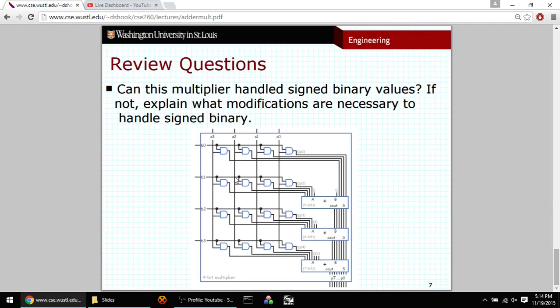Yeah. So what do we get? We get all zeros, then we get 0, 1, 0, 0, then we get 0, 0, 0, 1, 0, 0. So this is what we get, right? And then when we add it all up, we get 0, 0, 1, 1, 1, 0, 0.